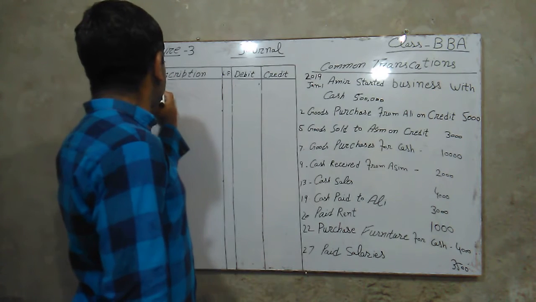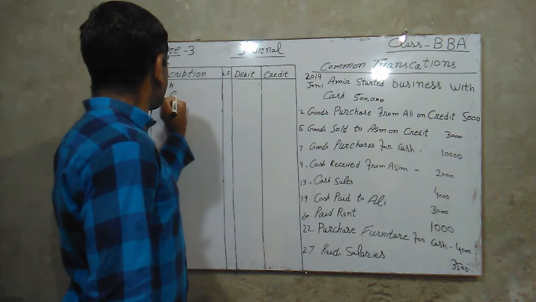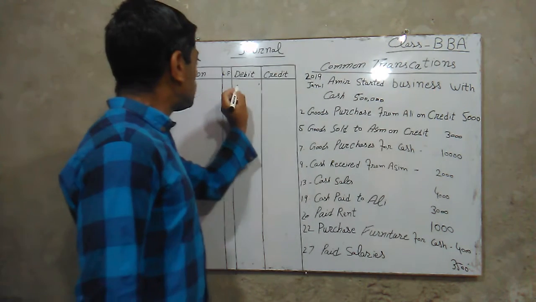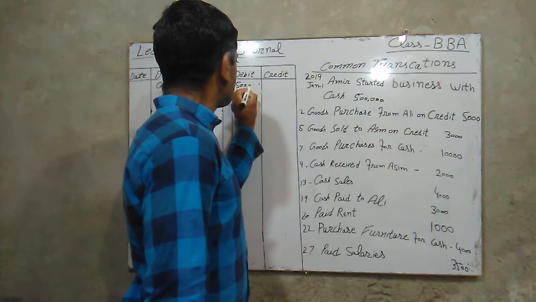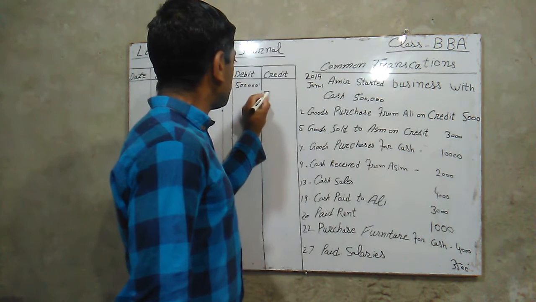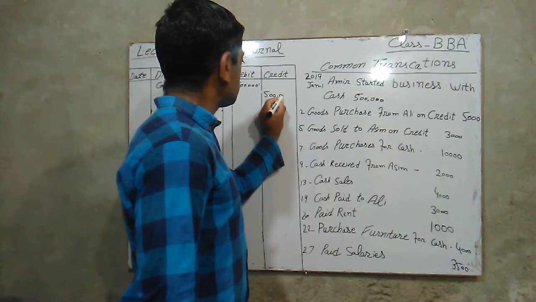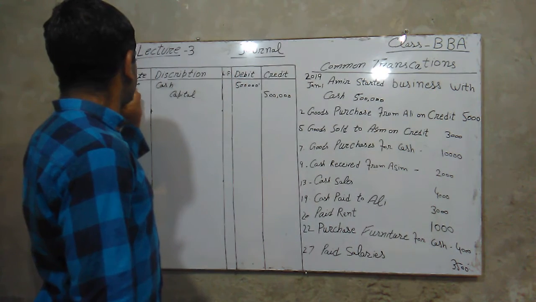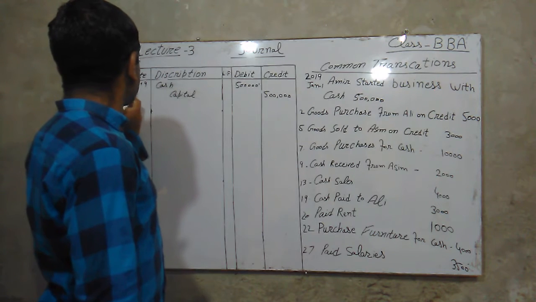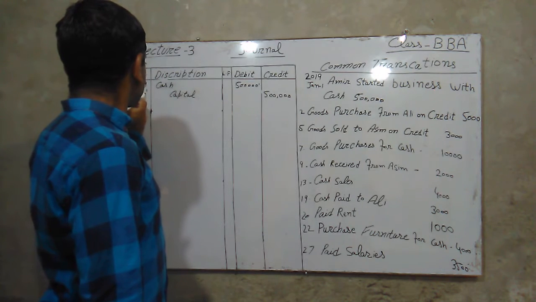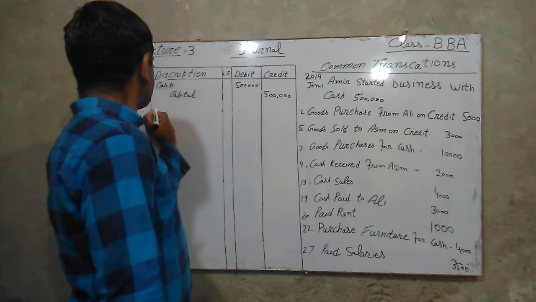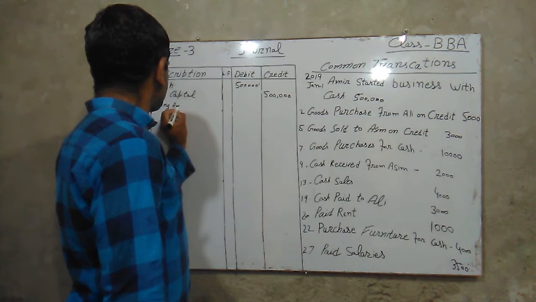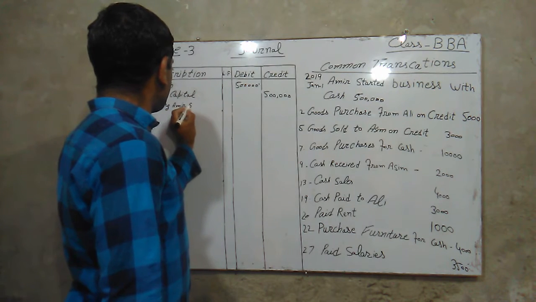So cash debit, capital credit, amount 5 lakh and 5 lakh. Narration: we started business.